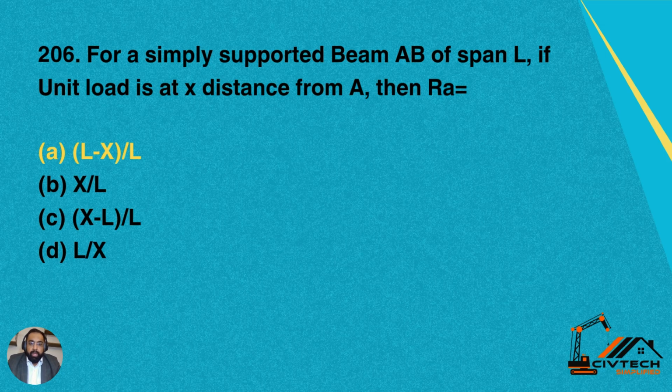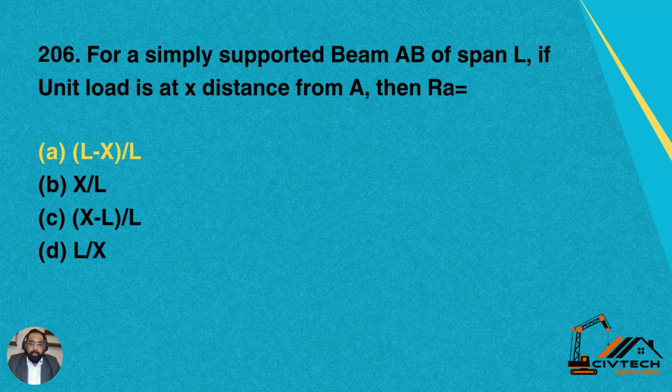206. For a simply supported beam AB of span L, if unit load is at x distance from A, then what is reaction at A? Option A, L minus x divided by L. Option B, x over L. Option C, x minus L over L. Option D, L over x.